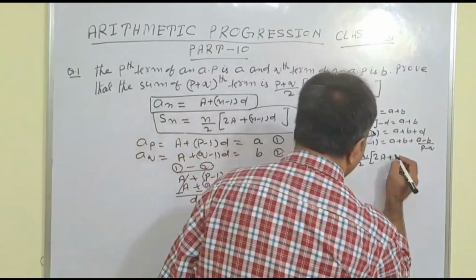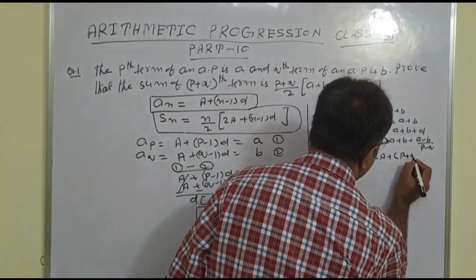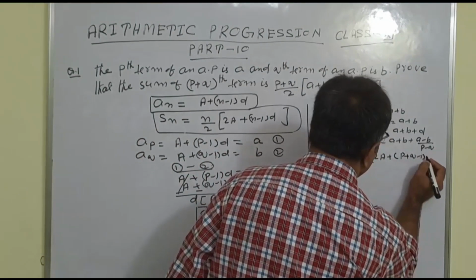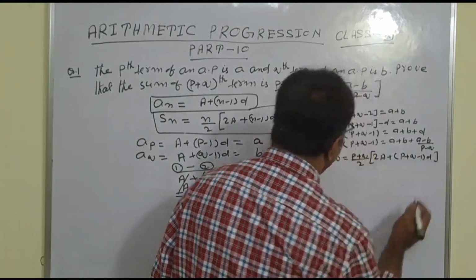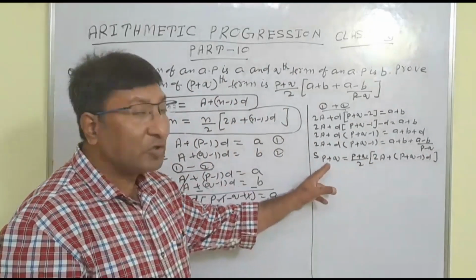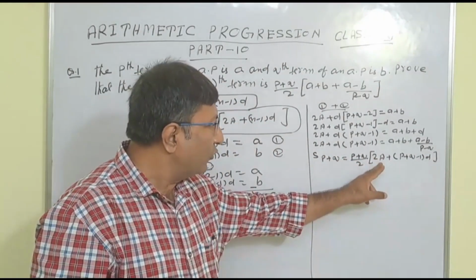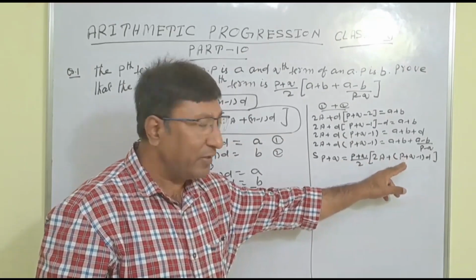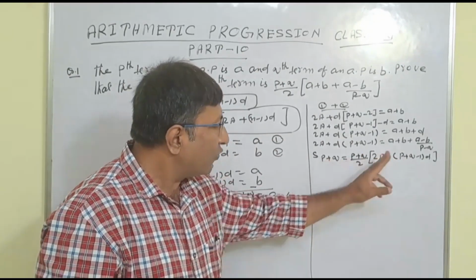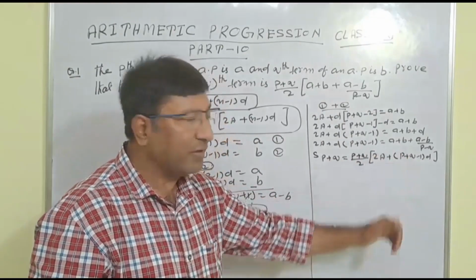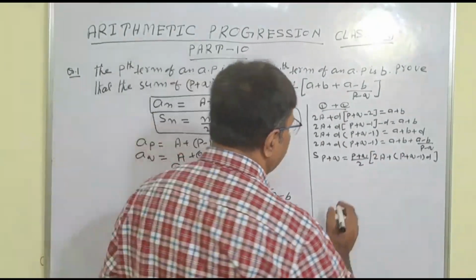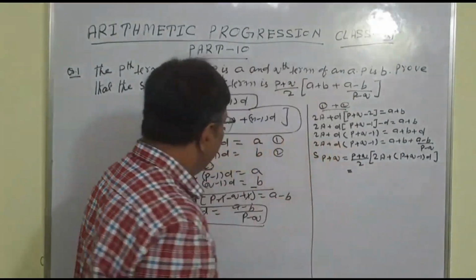So we will write (p plus q minus 1) into d. This is the sum of p plus q terms. The formula is (p plus q) by 2 into (2a plus (n minus 1) d), where n is p plus q, so (p plus q minus 1) into d. Now you can see here.